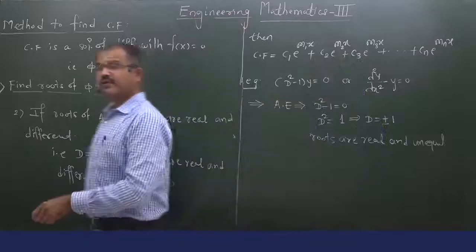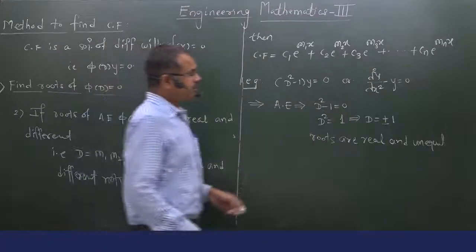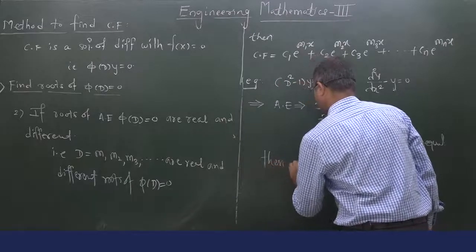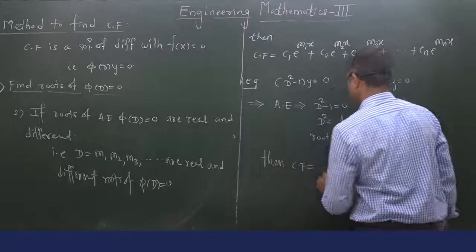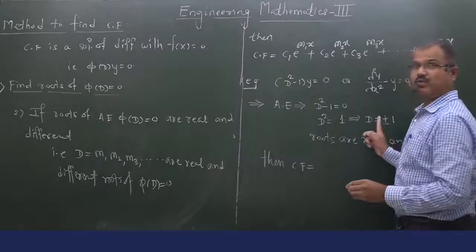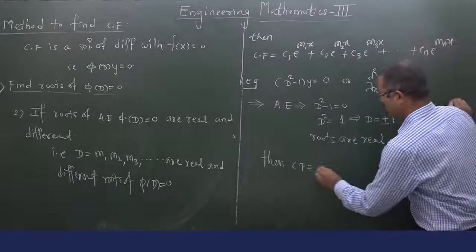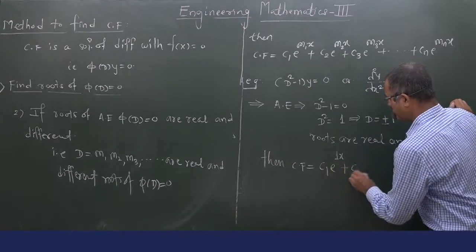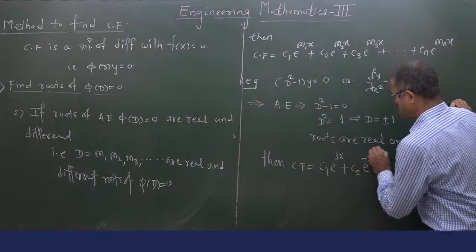Now if the roots are real numbers and unequal, then the complementary function or yc is equal to, here m1 equal to 1, m2 equal to minus 1, c1 e to the power m1x plus c2 e to the power m2x.